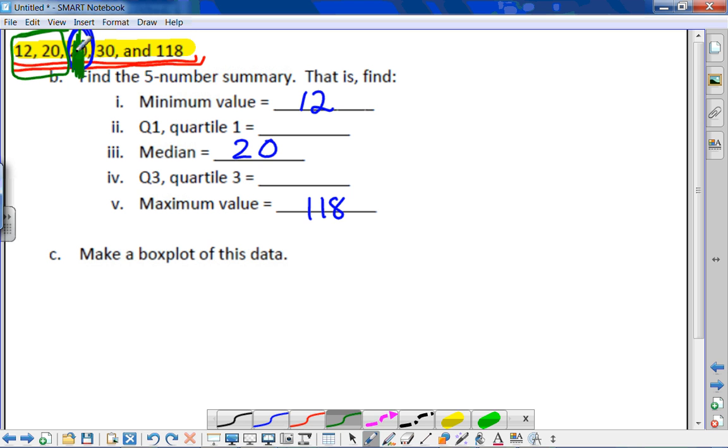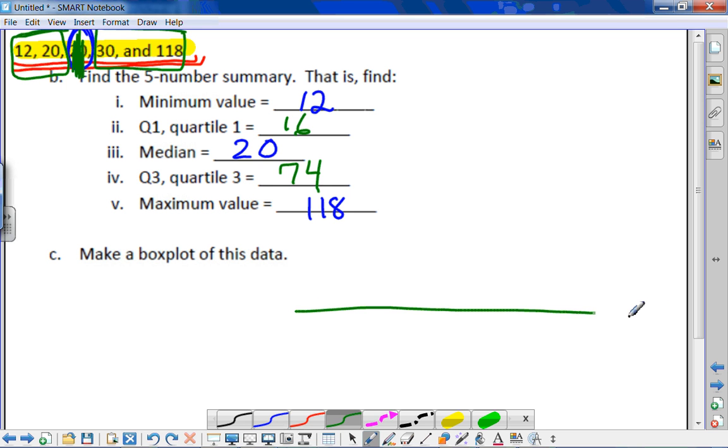The average of 12 and 20 is 16. And then for the 2 values above the median, 30 and 118, average those, and by average we mean find the mean. So the sum of them is 148, divided by 2 is 74. So that's our third quartile.